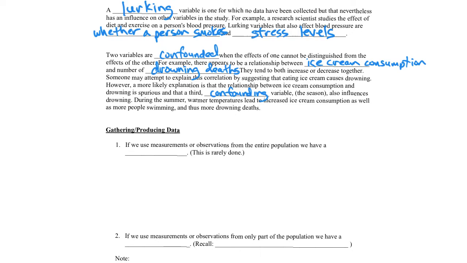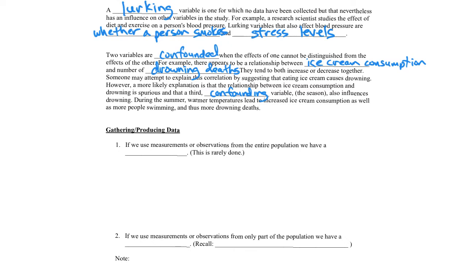The season also influences drowning. So during the summer, of course, you have warmer temperatures, and in the summertime, people tend to not only eat ice cream more, but also swim more. And of course, there are more boating accidents also during this time, and nobody associates that with eating ice cream.